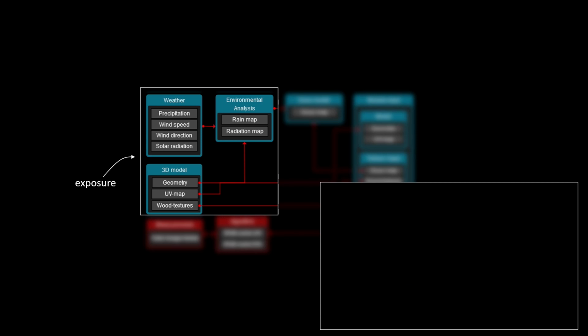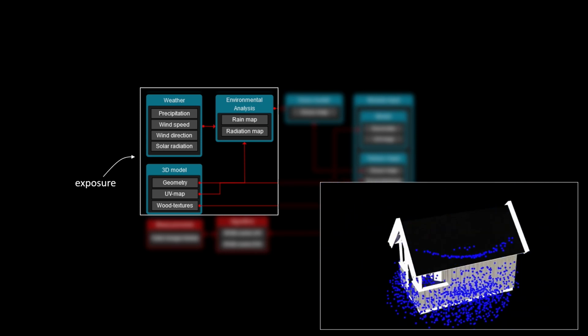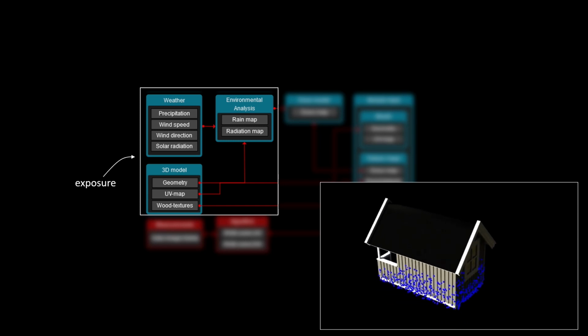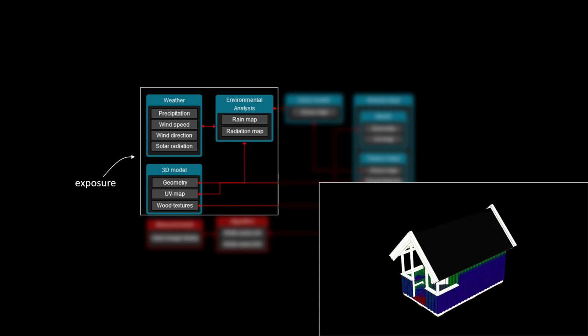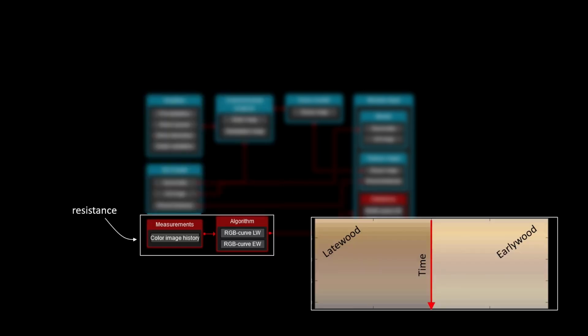So again, what we have done here for our public-facing tool is to make a lot of pre-calculations. So basically, we do CFD or similar environmental analysis of an example building. We obtain a dose map which shows the exposure at different points in the building. And then we have the material database where you can choose a material and see how the color of this specific material changes over time.